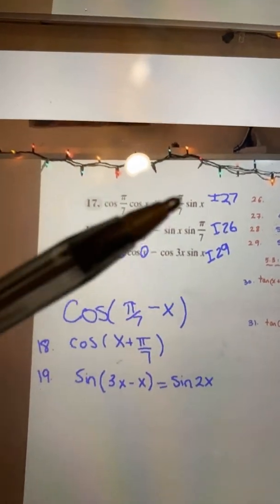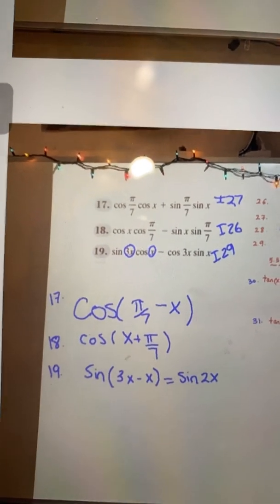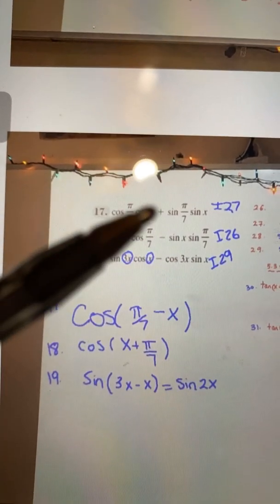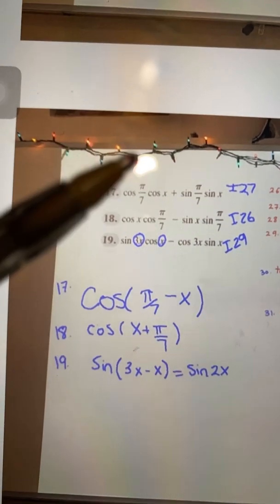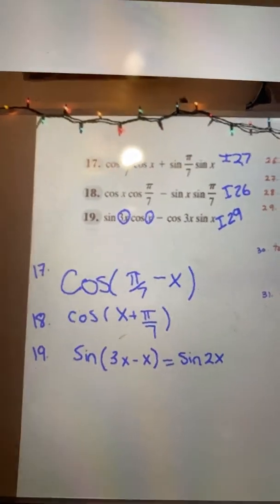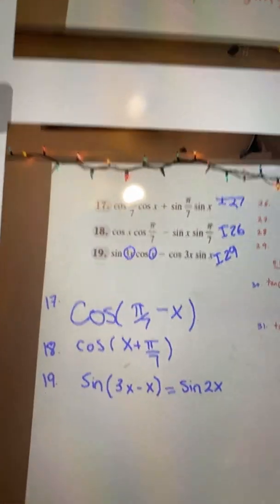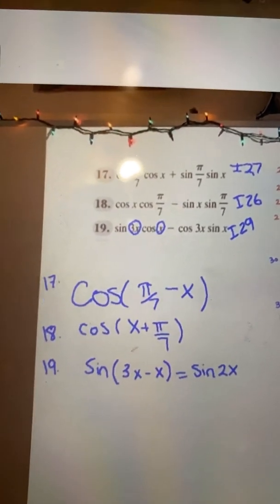If it's a sum, it's going to turn into a difference. This is how cosine works. So it's pi over 7 minus x, because again, not both angles are numerical. And that's all you need to do, write it as a cosine or sine of a single angle.